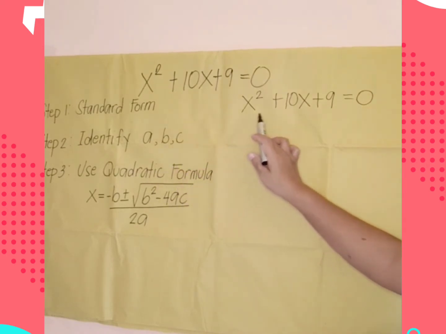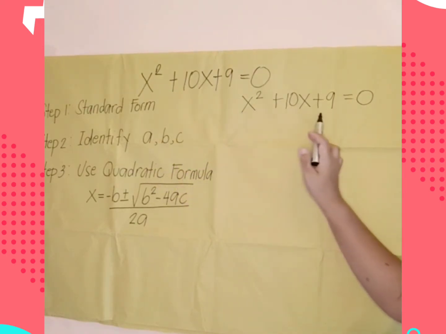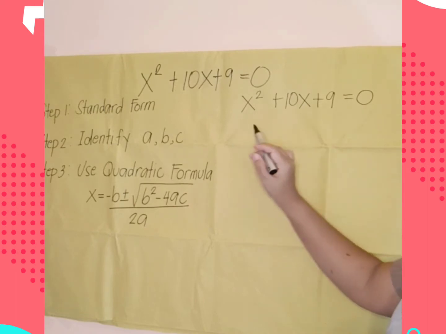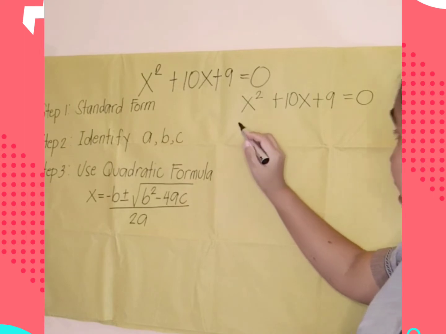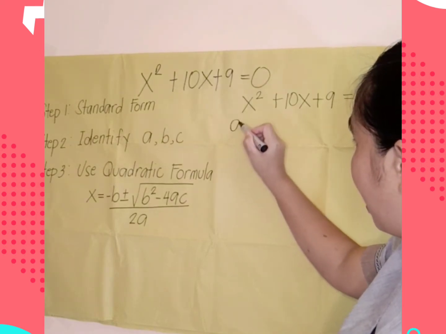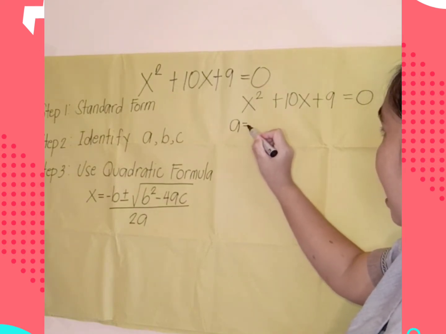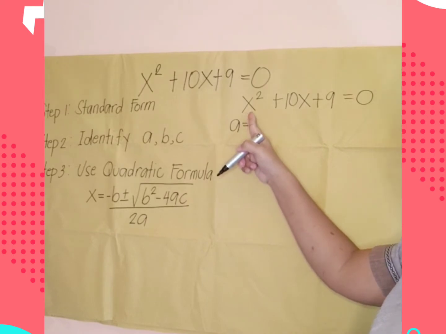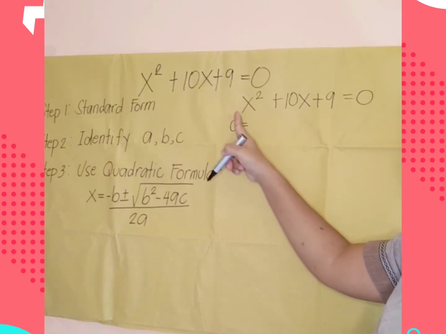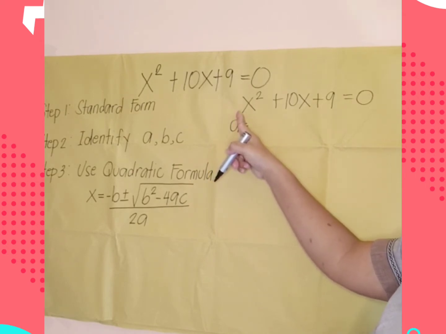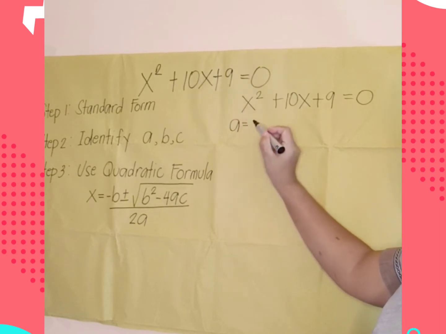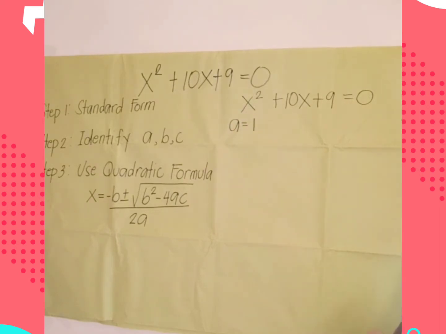Okay, from the expression on the left side, we are going to look for a, b, and c. Okay, saan natin makikita si a? Makikita yan sa tabi ni quadratic term, kung ano yung katabi niyang number. So, in here, what is the value of our a? Okay, so we have an invisible 1. Ayan, a equals 1.